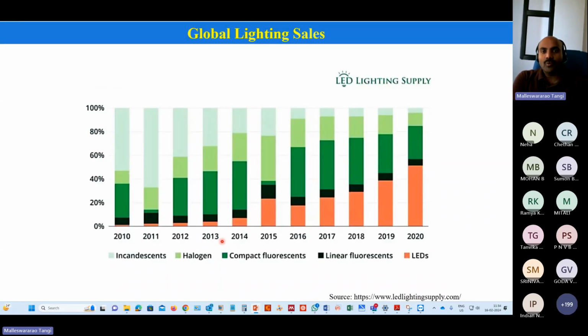And this is global lighting sales. By 2020, we can see that 50% of light sources were replaced by LEDs, as you can see in this figure. Maybe by now it must have crossed even 60 or 70%.